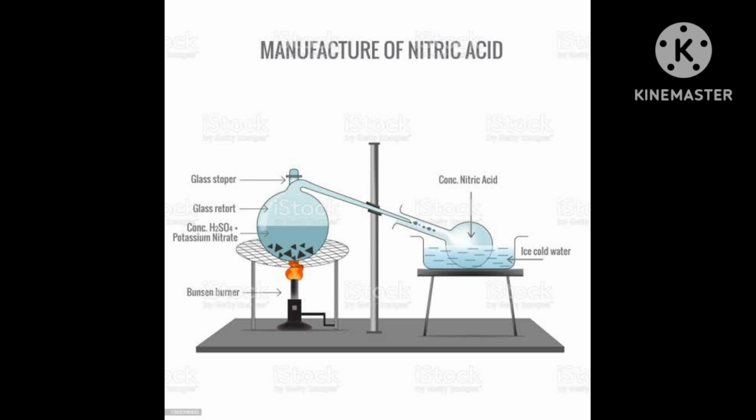With copper it gave NO and NO2, but with Zn it will give other oxides of nitrogen, not NO and NO2. With dilute nitric acid and Zn, it will give N2O, dinitrogen oxide. And if you use concentrated nitric acid with Zn, it will give NO2.